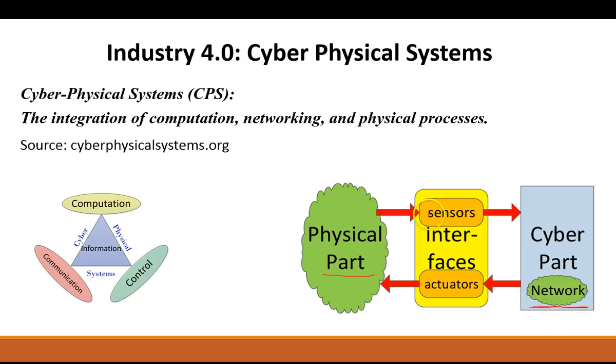Your physical part has sensors that connect to the interface, sends information to the network, and your network gives some sort of feedback and causes some sort of adjustment to the physical system. And that's the whole idea of Industry 4.0. So as you can see, there's a lot more interaction, a lot more interfacing between major systems, as well as a lot more remote control and automation in this type of system.